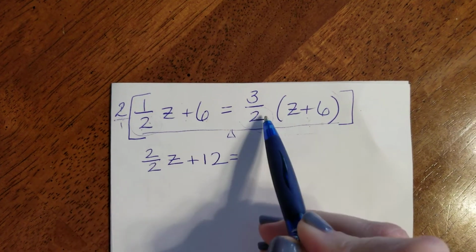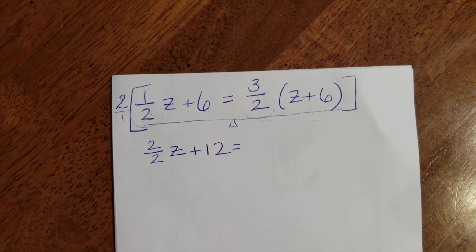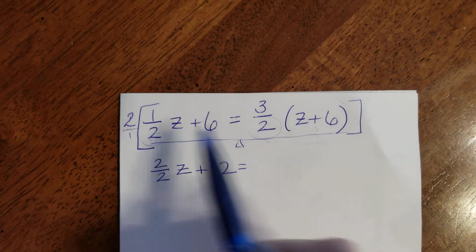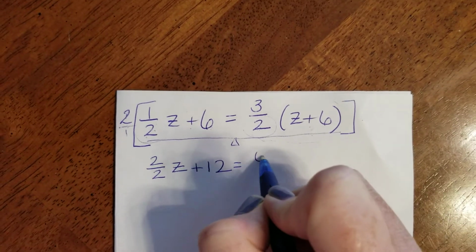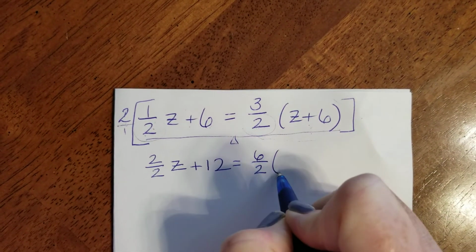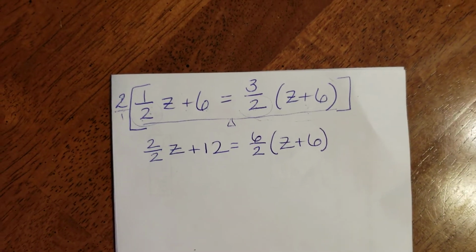So we're only going to multiply the number on the outside of the parentheses. So instead of having 3/2, we're going to have 6/2 times z plus 6. Okay?